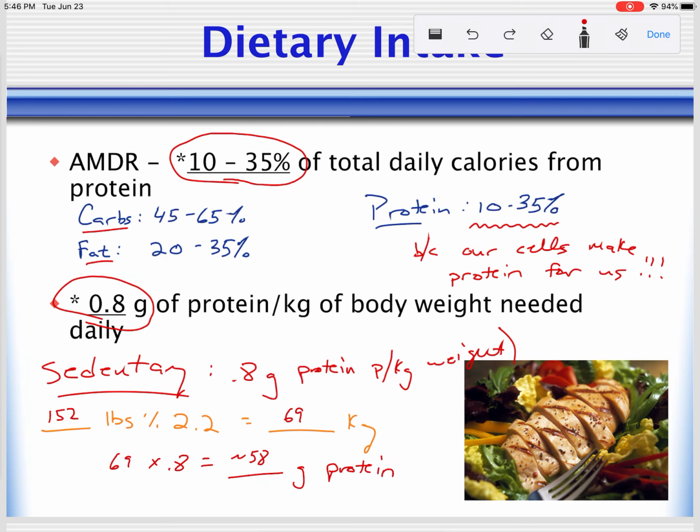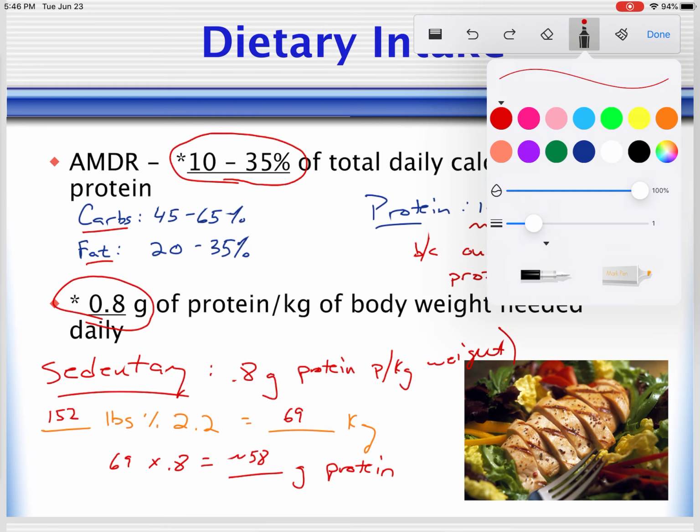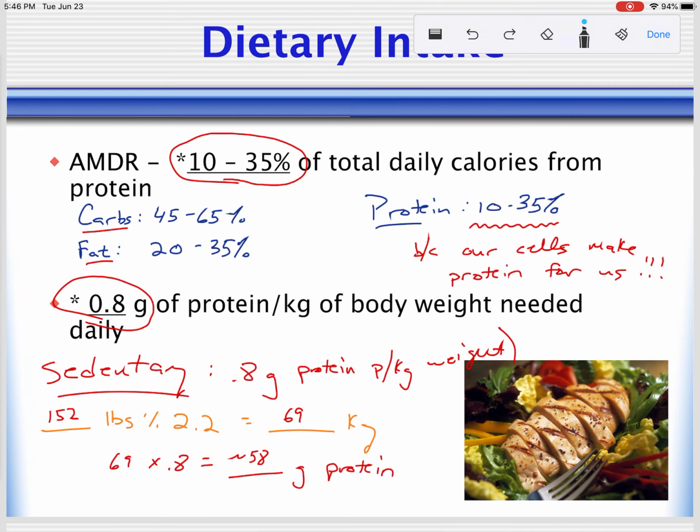Now you might be asking, well, what about an athlete? Wouldn't they need a little bit more protein? And the answer is yes. So I'm not going to ask you these numbers on an exam now. We'll talk about this more later. But we could say an athlete, instead of being 0.8 grams of protein per kilogram of body weight, maybe it's 1.2 grams.